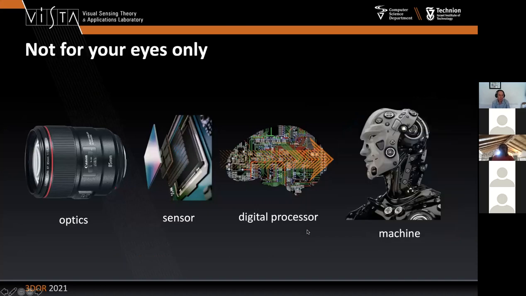So I think today we find ourselves in yet another interesting milestone that makes computational imaging even more exciting. Instead of the human beholder that eventually wants to see a nicely looking image, we have more and more machine vision algorithms that are the ultimate consumers of our images.